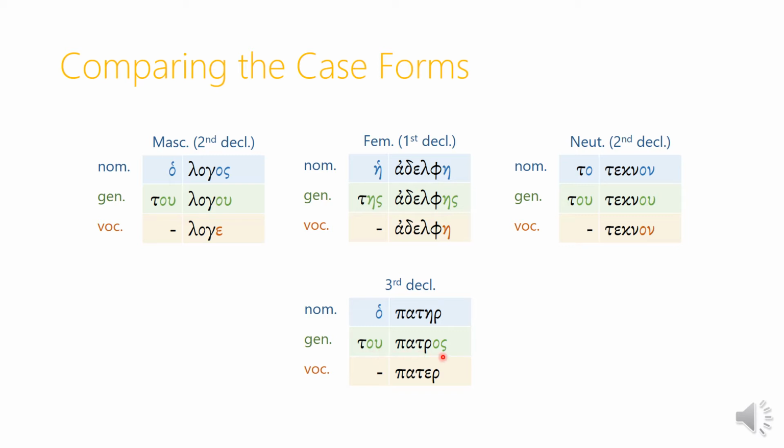Tu patros, with some stem change, and then the os ending. And the vocative, again, we said, is the stem of the noun by itself, pater. And again, once we learn a little bit more about third declension noun stems and how they change, this form, pater, will make a little bit more sense.